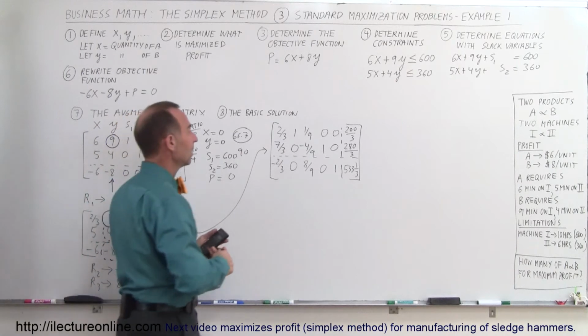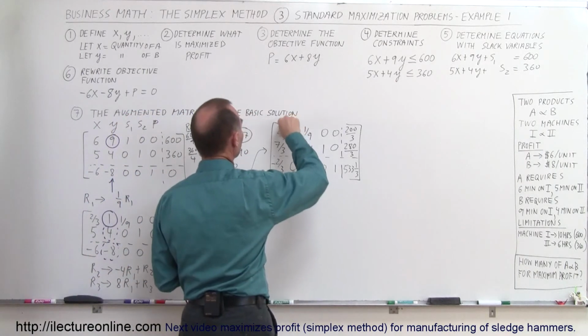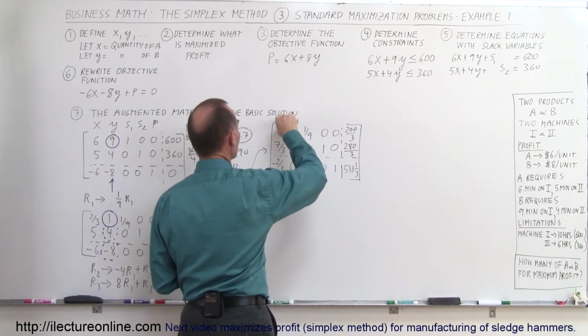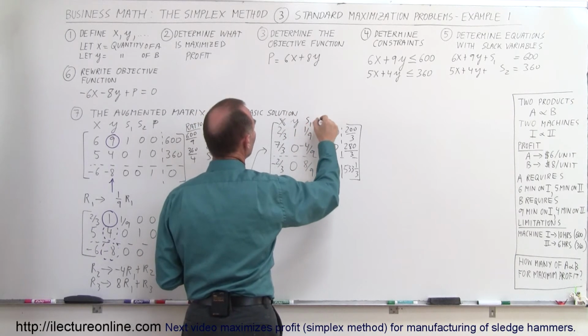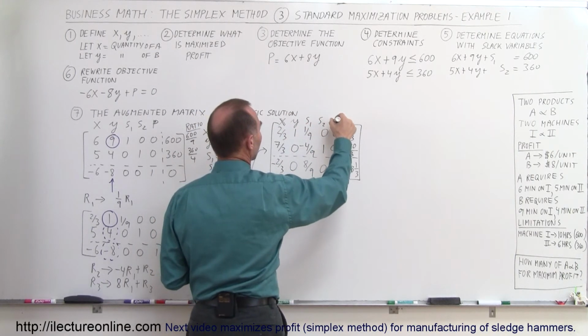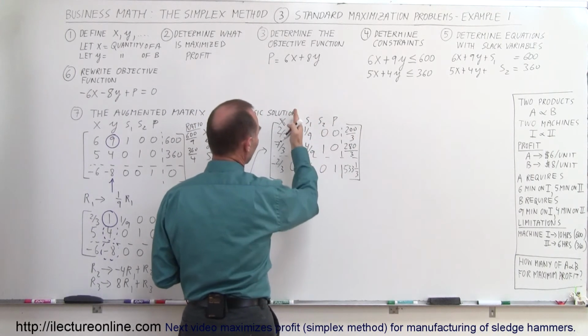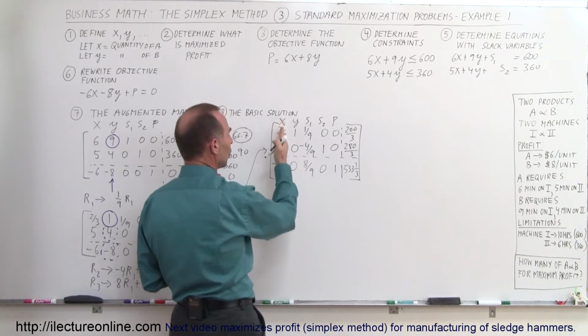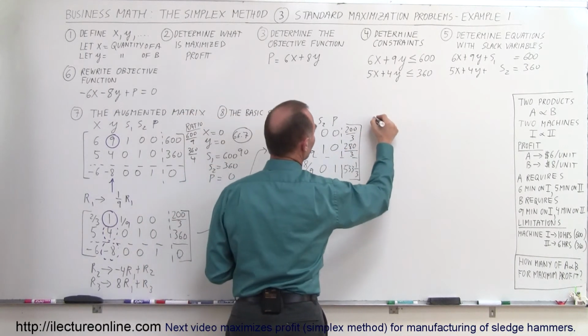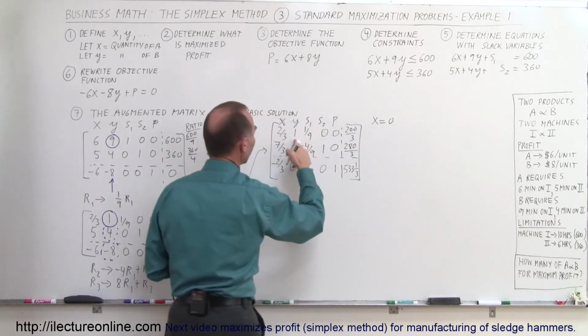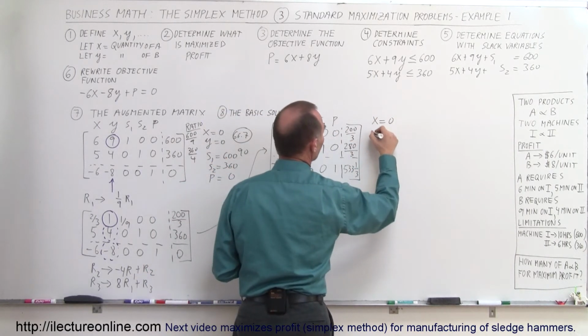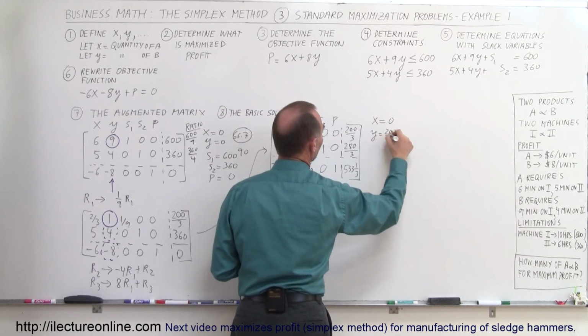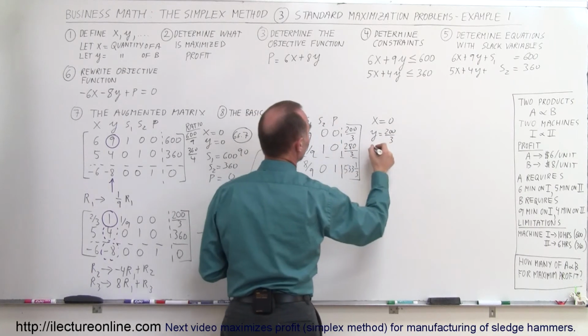We can now see that one of our variables has now been determined. Now, of course, it may not stay that way, but at least we can see that we have some progress here. Notice that x is still a 0 because there's no 1 and 0s in that column. But y is now equal to 200 divided by 3. S1 is 0 now.